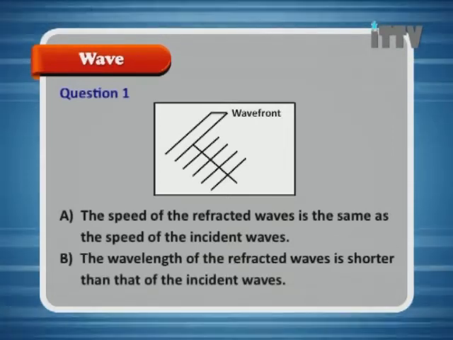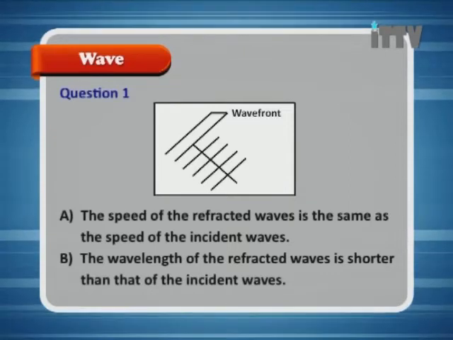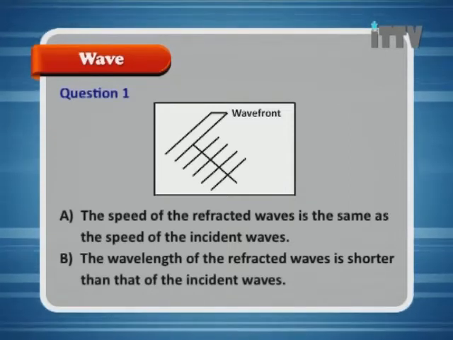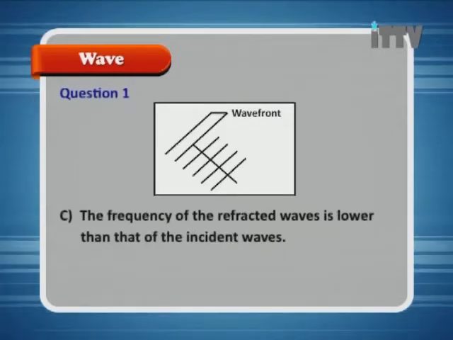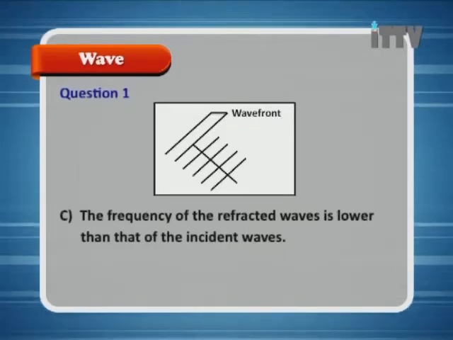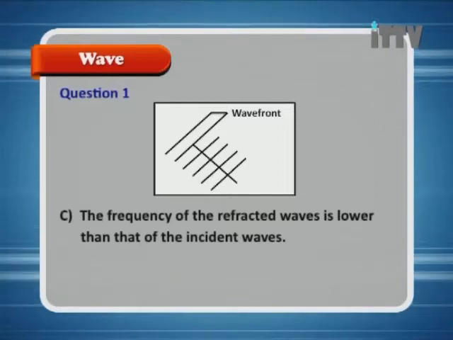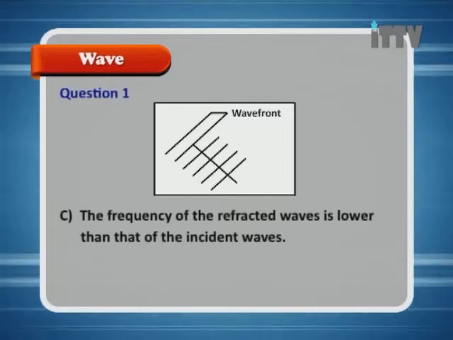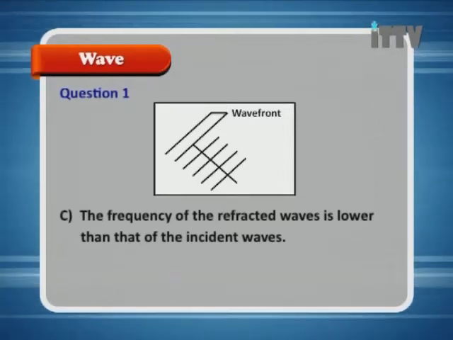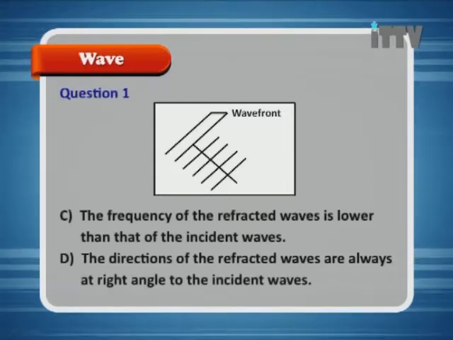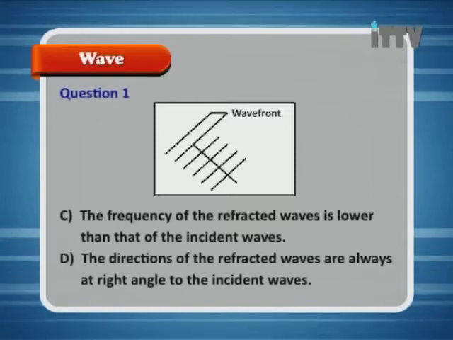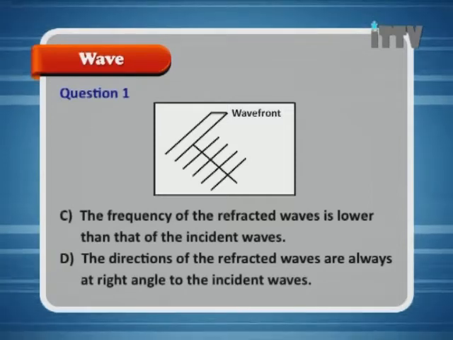B. The wavelength of the refracted wave is shorter than that of the incident waves. C. The frequency of the refracted waves is lower than that of the incident waves. D. The direction of the refracted waves are always at right angles to the incident waves.